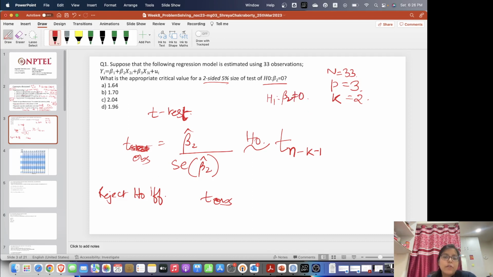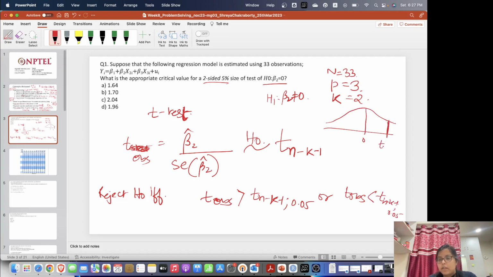We are going to reject H0 against H1 if and only if the observed t is either greater than t with n minus k minus 1 degrees of freedom at 0.05, or t observed is less than minus that value. This is a t distribution which is symmetric about 0. This point is t n minus k minus 1 0.05, that is, the area above this line is 0.05.